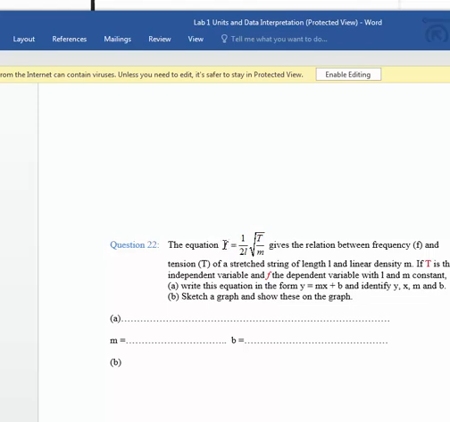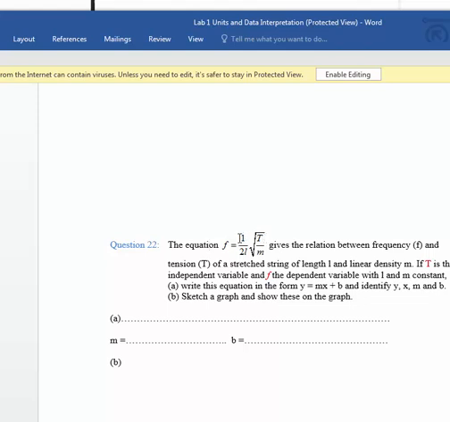So if f squared equal to 1 over 4l squared t over m, then if you draw a graph of f squared on the vertical axis and t on the horizontal axis, what will be the slope?